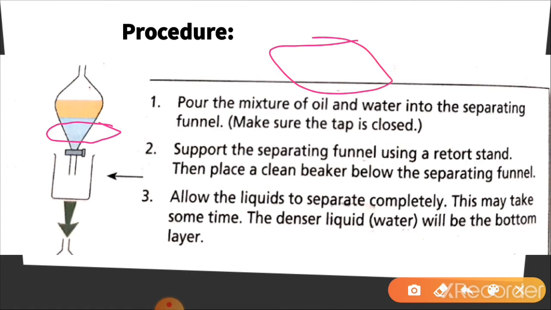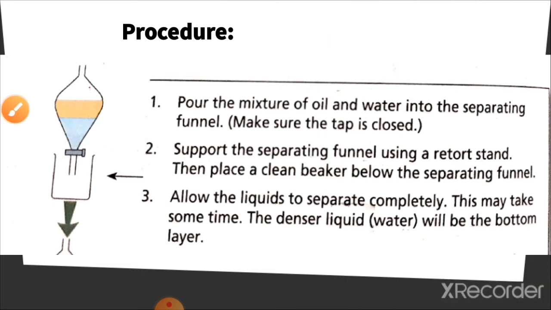Place this funnel into a ring, or clamp it with an iron stand. Why are we doing this? To make it stable, because apparently the two layers look completely mixed together. You have to provide some time so that these two layers separate.